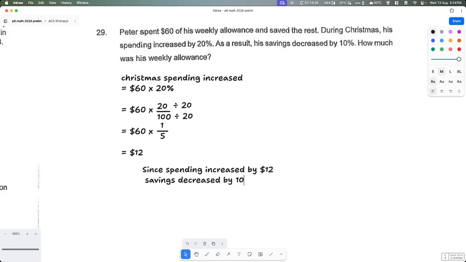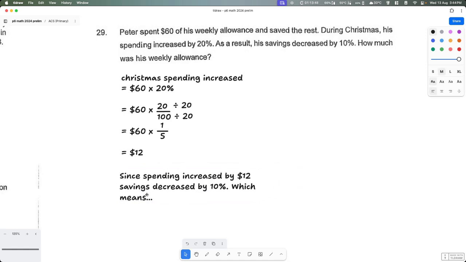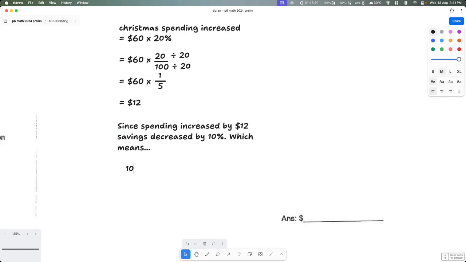That means 10% of savings is equal to $12, and then 100% of savings is equal to 100 divided by 10, which is 10, times $12. This will give us $120.